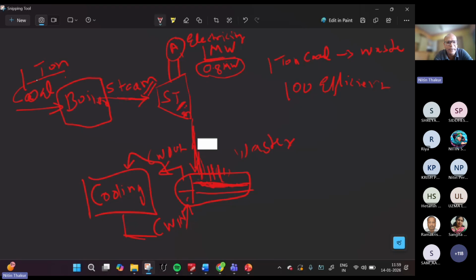So what does the power plant operator do? He just jacks up the coal. When he puts in more coal, he gets more steam. When he gets more steam, even though there is a back pressure from the condenser because of the condenser scaling, he still is able to make 1 megawatt.